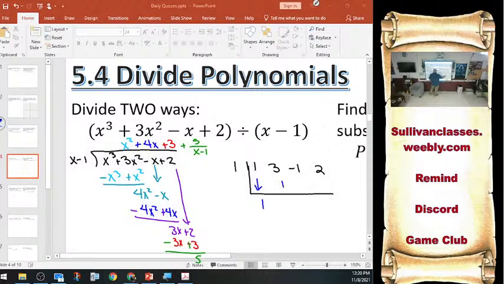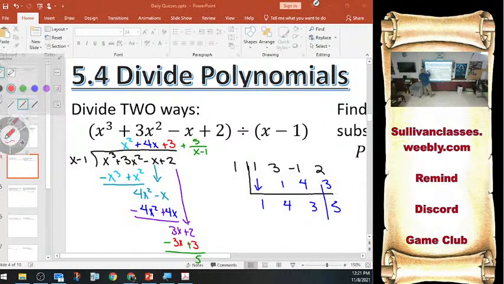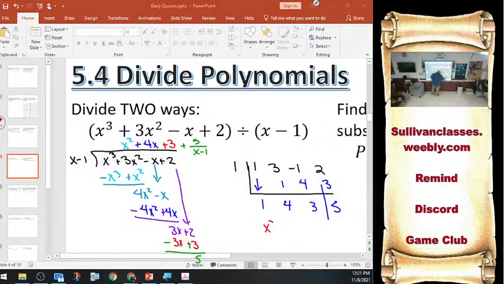And say 1 by 1 is 1. 1 plus 3 is 4. 1 times 4 is 4. 4 minus 1 is 3. 1 by 3 is 3. 3 plus 2 is 5. And again, a cubic divided by a linear factor will result in a quadratic: x squared plus 4x plus 3, and that leftover will turn into a remainder.